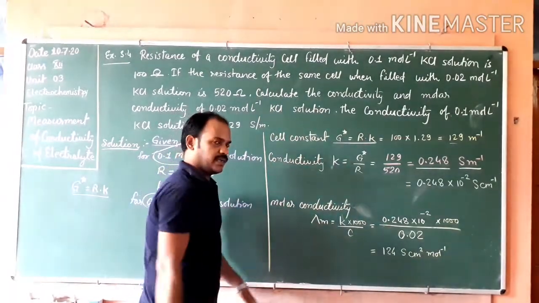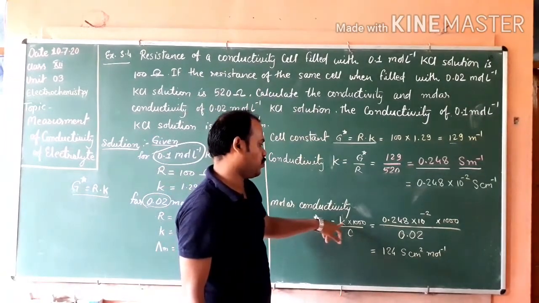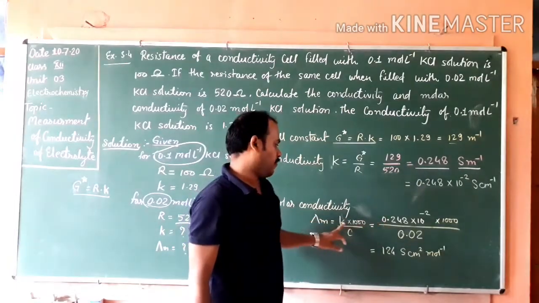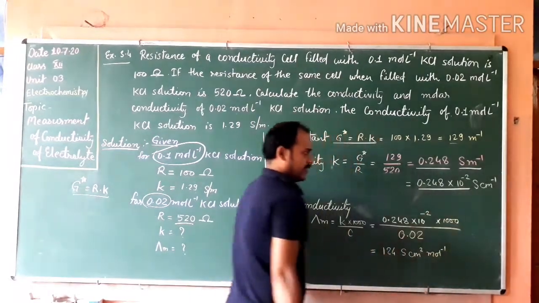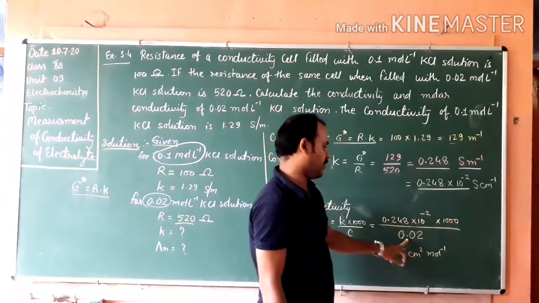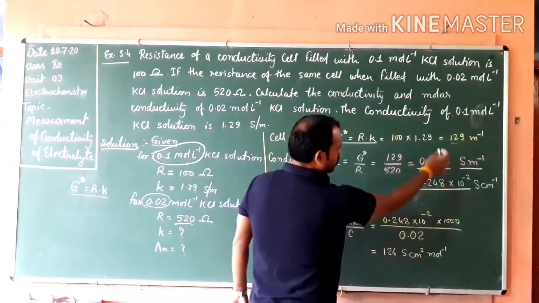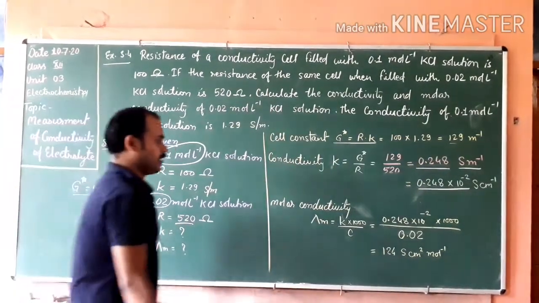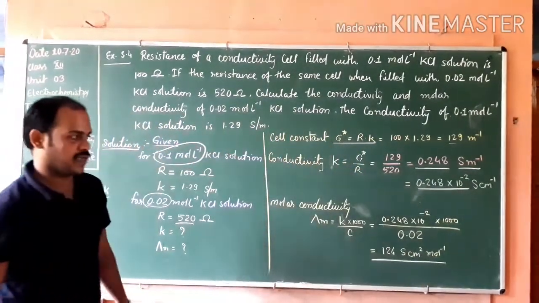And the molar conductivity, lambda m, is kappa into 1000 by C. From here you can place this value, 0.248 into 10 power minus 2 into 1000 divided by C, the concentration, 0.02 mole per liter. So the answer will be 124 Siemens centimeter square mole inverse.